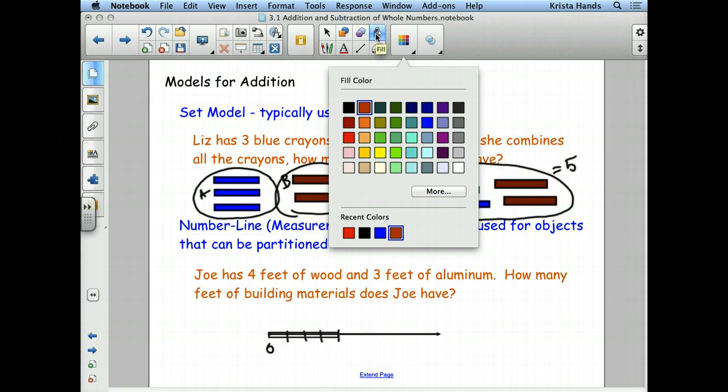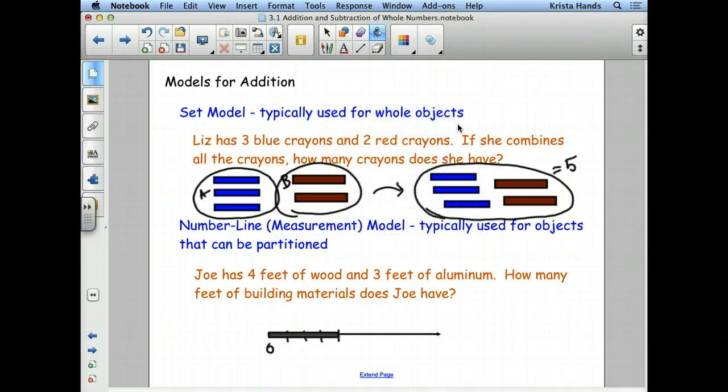I'm going to make my wood gray because I don't want to have to worry about finding the brown. And then I need 3 feet of aluminum. So here's 3 more. We can put them end to end, because our question is not how many pieces of this object we have, it's what the length is of the 2 objects combined.